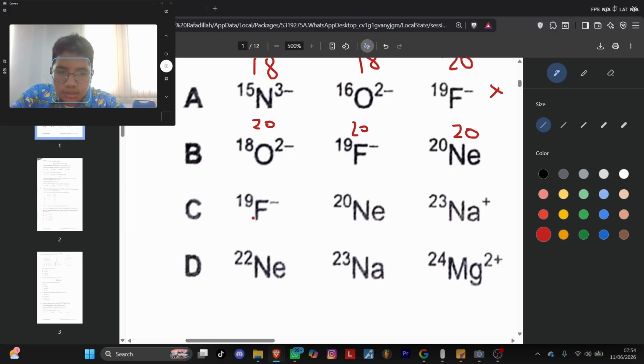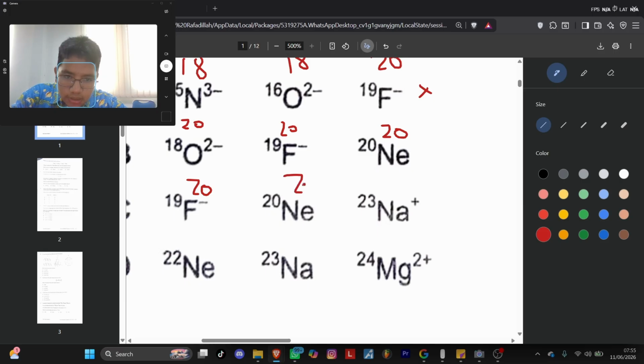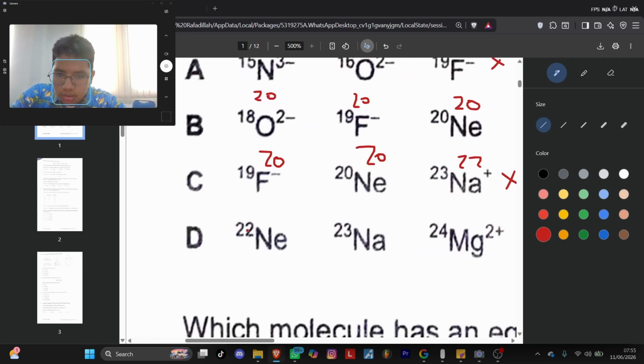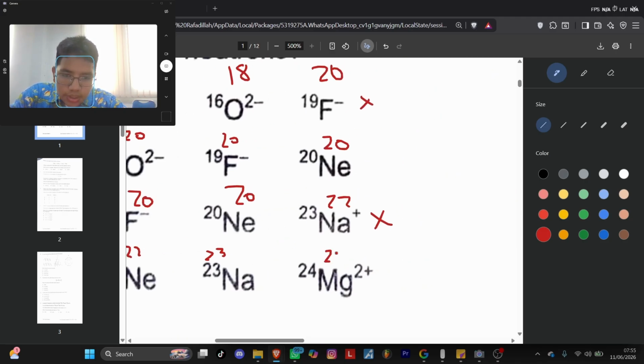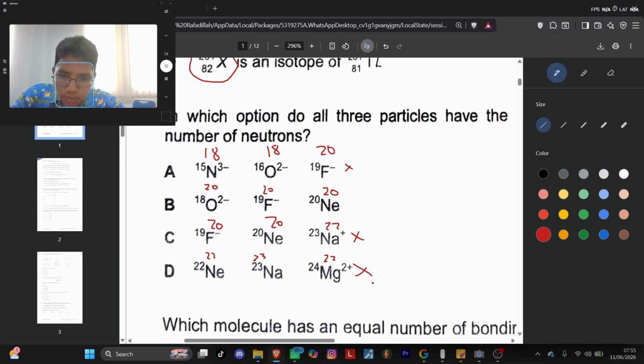This is the electron configuration of 22. This might be right. This is also 20. And this is 22. No, this is wrong. The last option, the electrons are 22, 23, and 22. This is wrong. So the right answer is B.